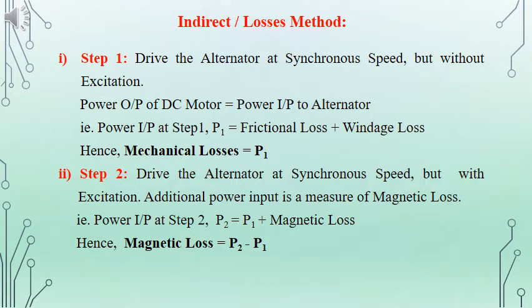Since we have already calculated the mechanical loss in the first step, we can separate the magnetic loss, that is given as the total input in step 2 minus the total input in step 1, will be giving the magnetic loss. Or in step 2, whatever be the input will be a combination of mechanical loss and magnetic loss.